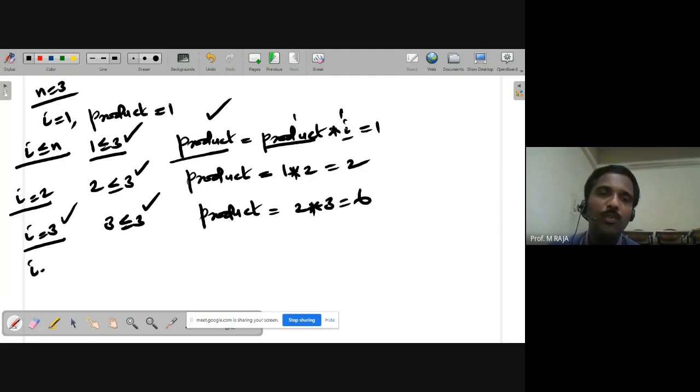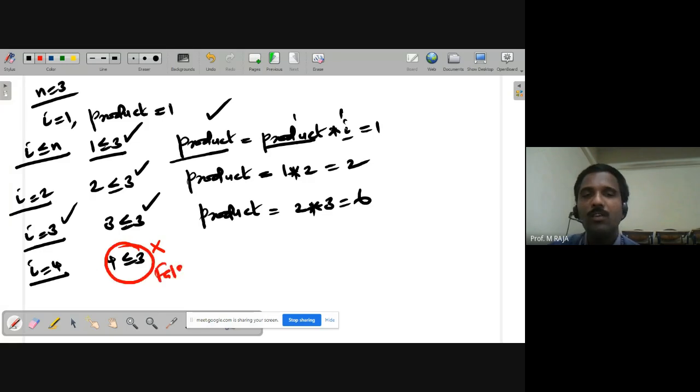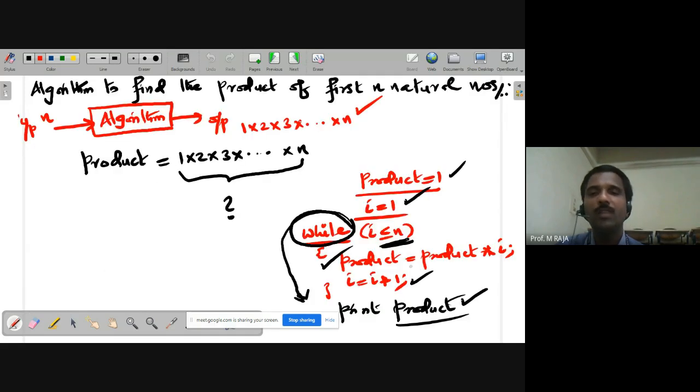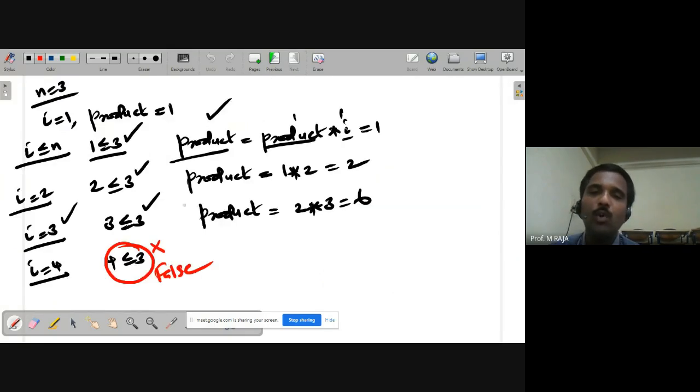Next I becomes 4. 4 less than or equal to 3. Condition is tested. This results in false. So control comes out of the while loop. The next instruction to be executed is print product. Print product is 6.